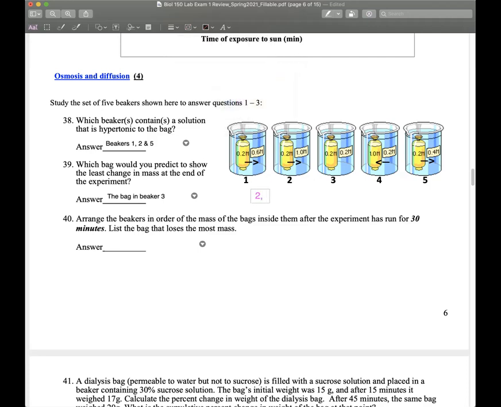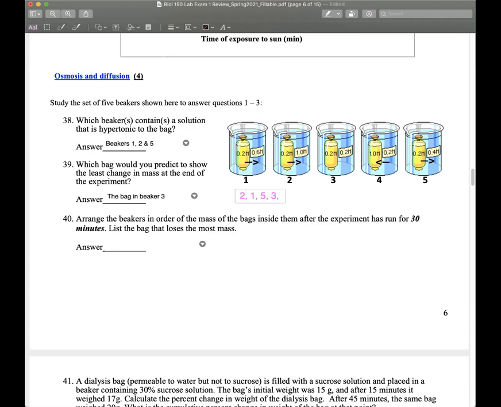All right, so 2 is going to lose the most, and then which is going to lose the next most? 1. Exactly, 1. And then that leaves us with 5. So that's all the ones that water is exiting. Then next, we would say number 3, because that one's not really changing any mass.